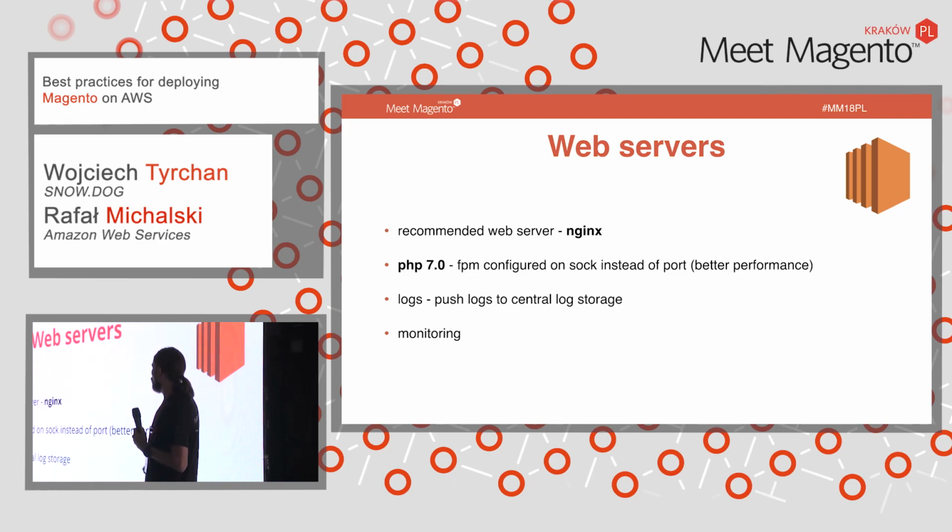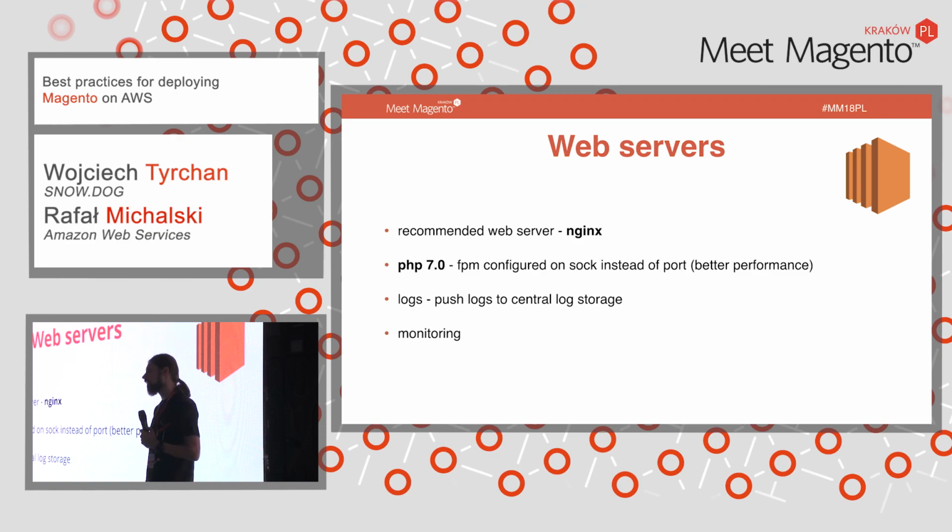Next, logs. As we have it in autoscaling groups, the instances can be destroyed any moment. So if you want to know what's happening, you push the logs to your central storage for analysis in one place. Monitoring, of course, it's good to monitor your web stack.